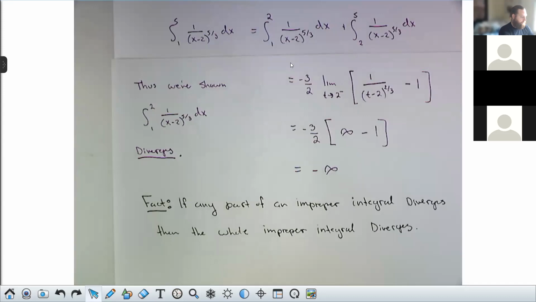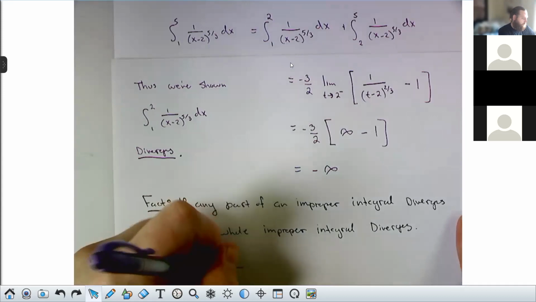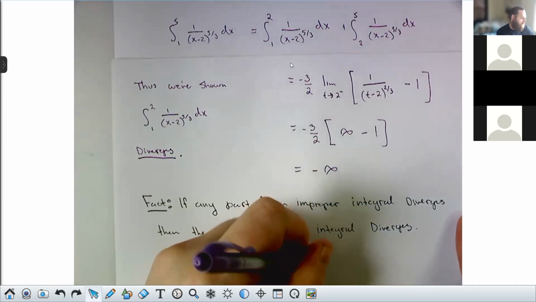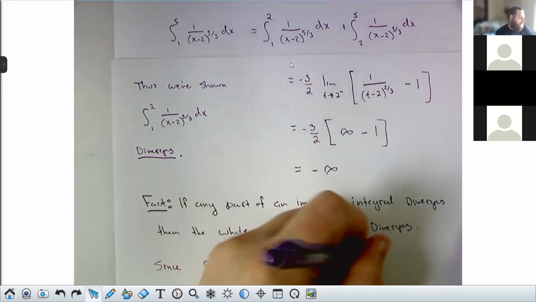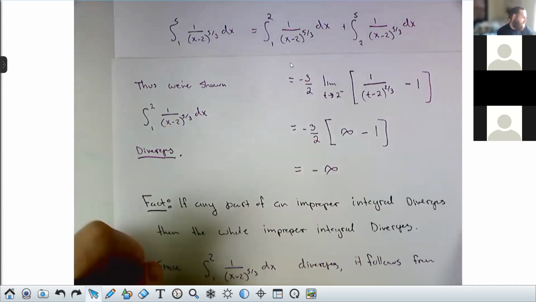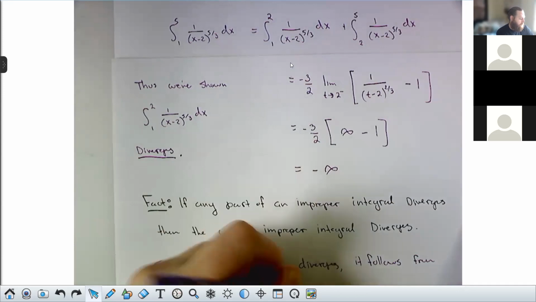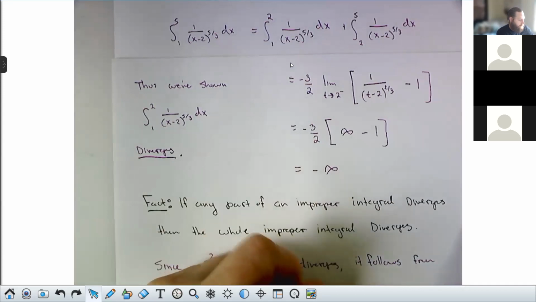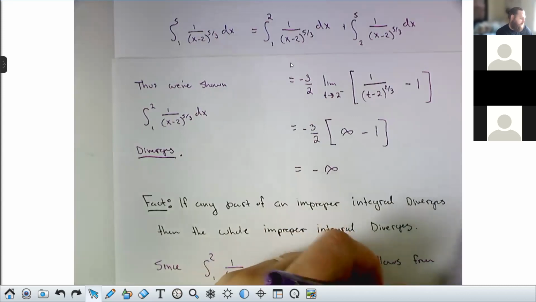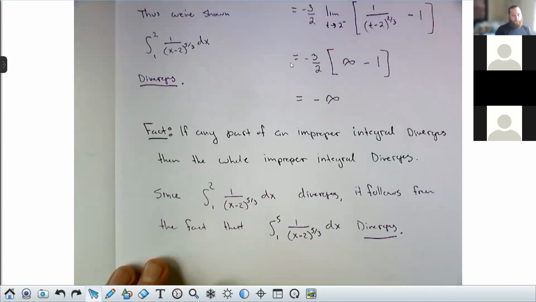So since the integral from 1 to 2 of 1 over (x minus 2) to the 5/3 dx diverges, it follows from the fact that the whole integral, the integral from 1 to 5 of 1 over (x minus 2) to the 5/3 dx diverges. And that's the full solution. We really do need this last observation.